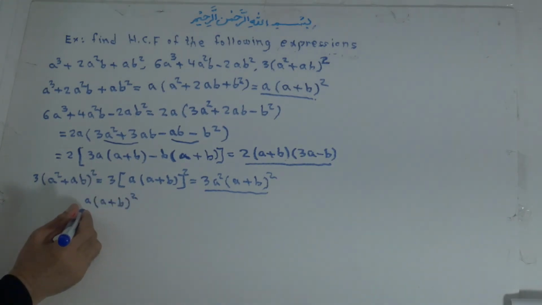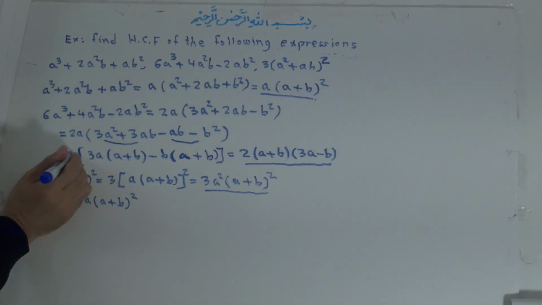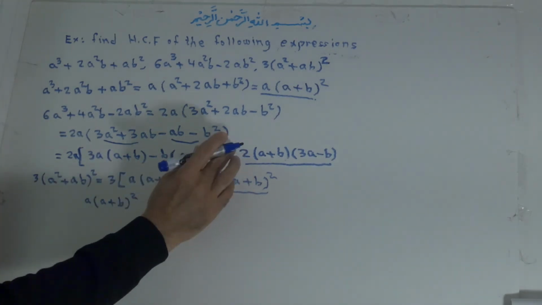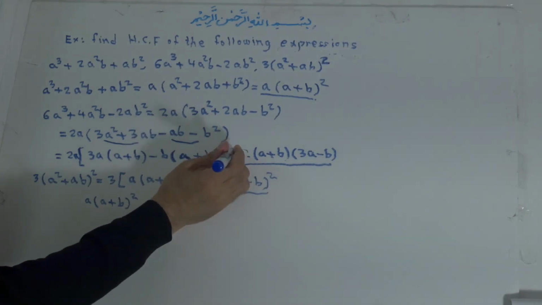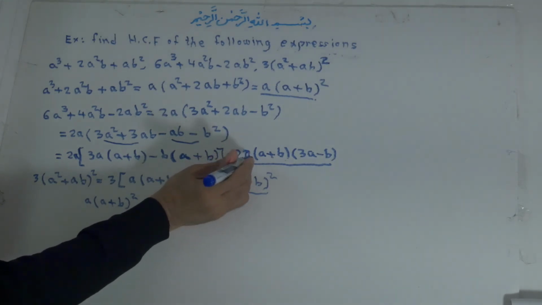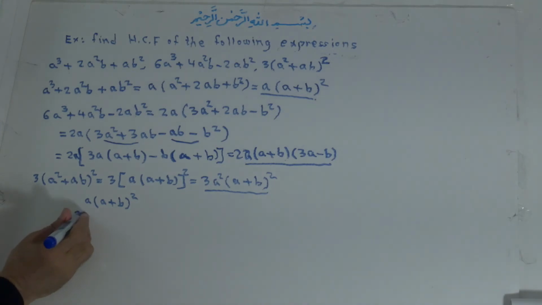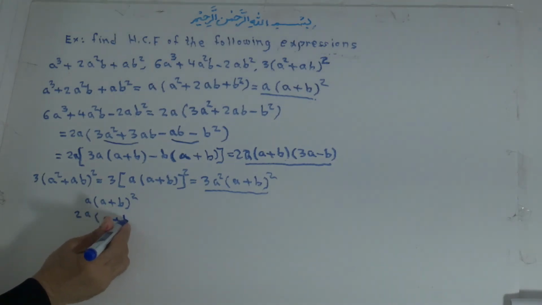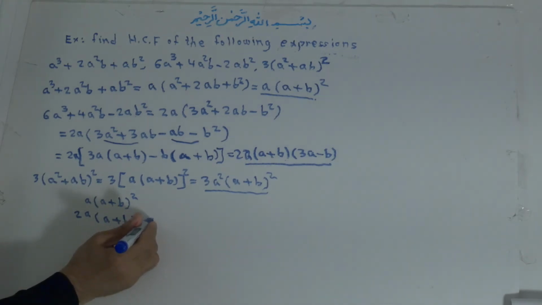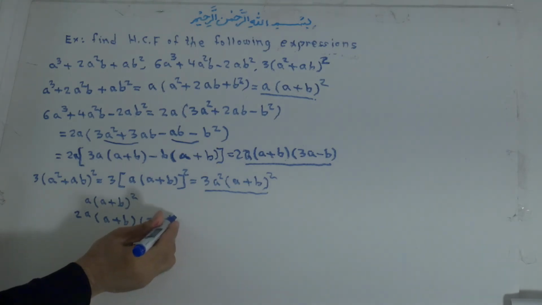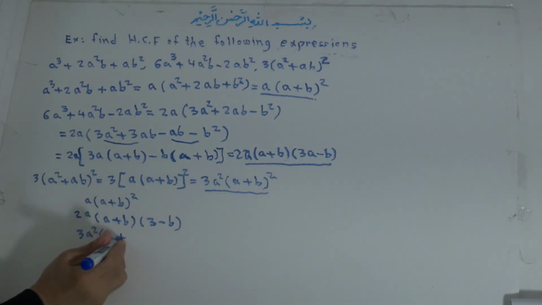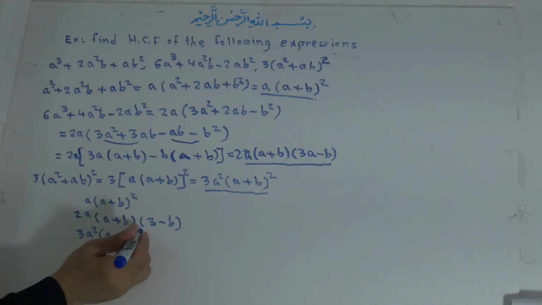Our second one is 2a times a plus b times 3a minus b, and the third one is 3a to the power of 2 times a plus b to the power of 2.